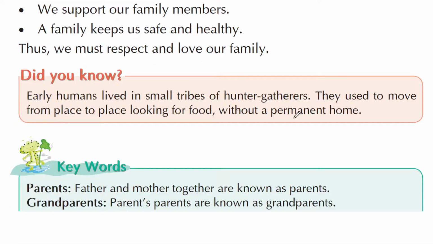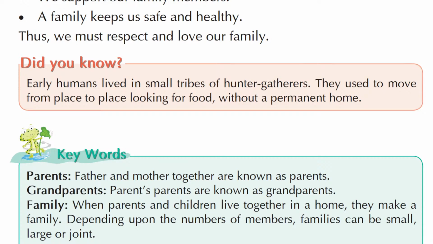Now here an important piece of information is given. Early humans lived in small tribes of hunter-gatherers. They used to hunt animals for food. They used to move from place to place looking for food without a permanent home.